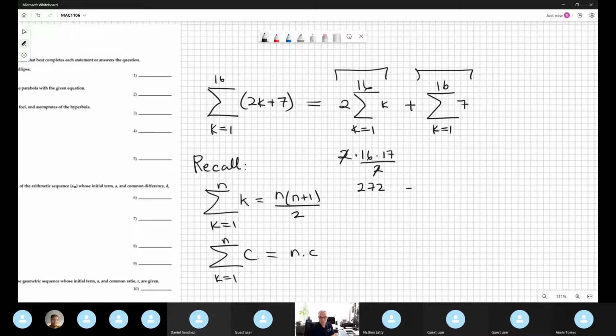So in our specific example, it's 16 times 7, which is 112. Now together it's 384. Boom, that's it. Do you understand very well?